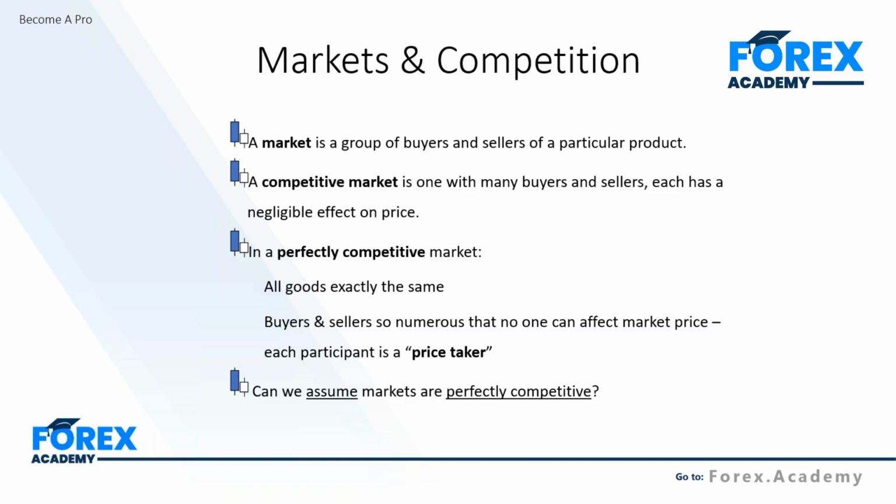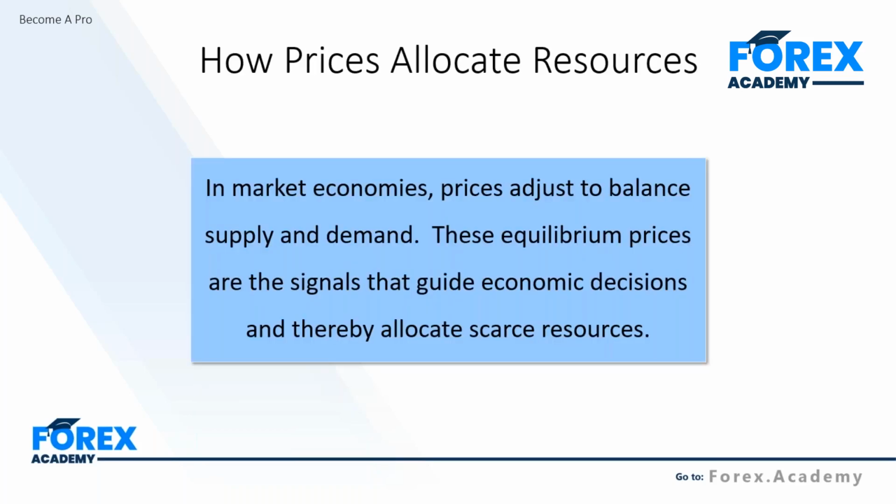Now, of course, the supply and demand function will relate to that level of competition within those markets and how resources are effectively allocated throughout the globe. So that brings us on nicely to discuss how prices actually allocate resources.